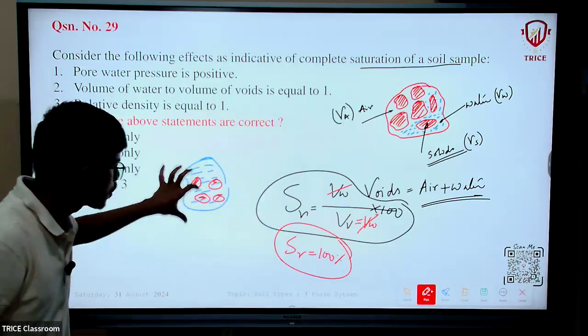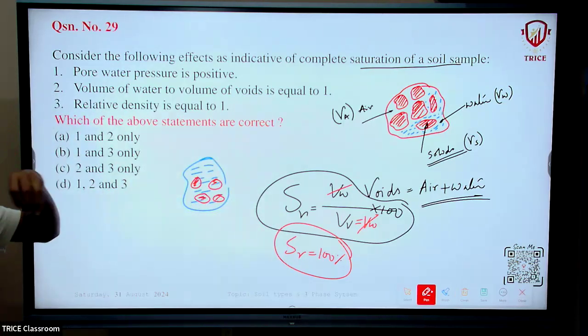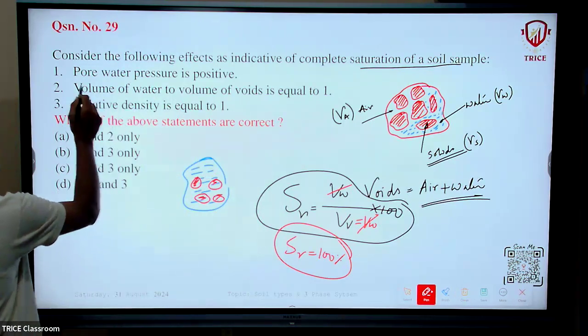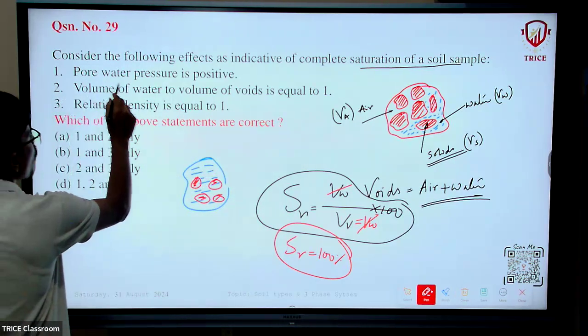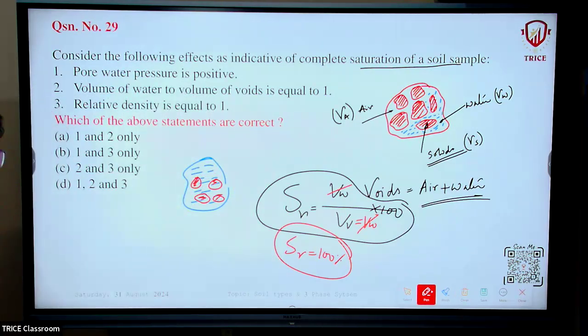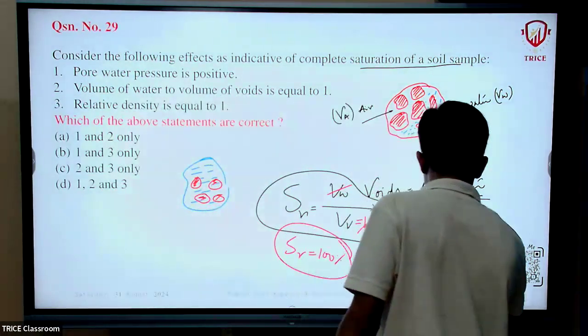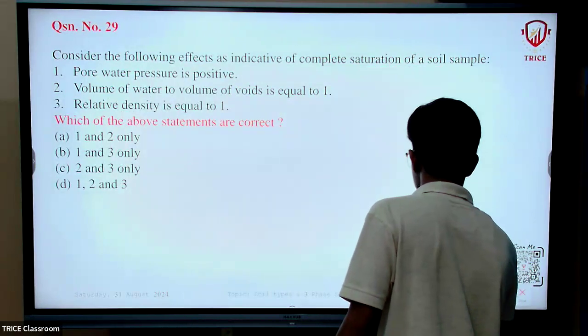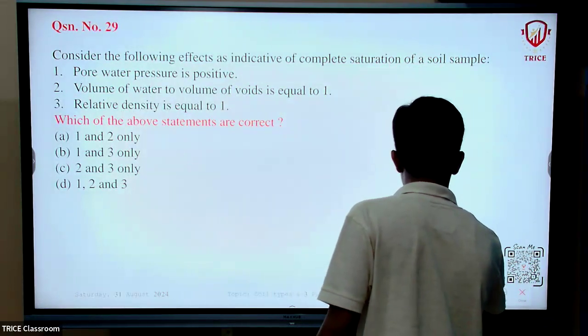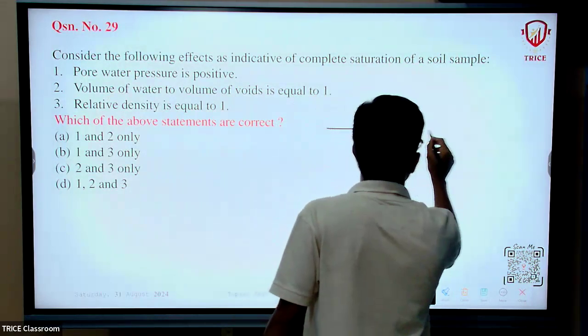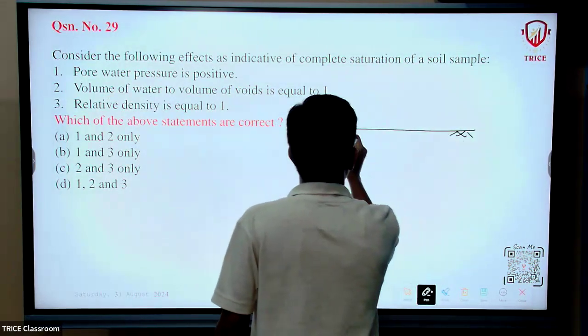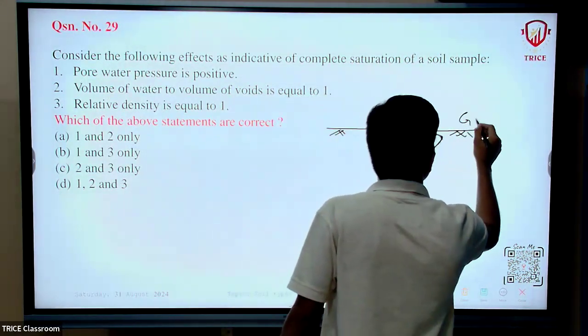For this complete saturation of the soil sample, where the voids are filled with water, we call it saturation. For this condition, statement 1 says the pore water pressure is positive. What is meant by pore water pressure? We have a certain ground profile like this.